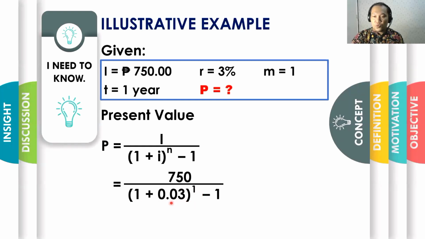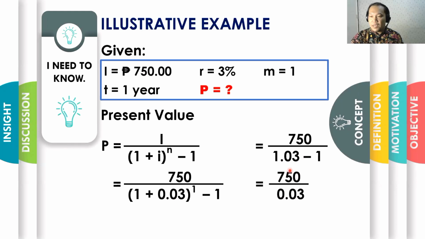First, you have to add 1 plus 0.03 and then raise to 1. Therefore, we have 750 divided by 1.03 minus 1. Then subtract your denominator. We have 750 divided by 0.03.